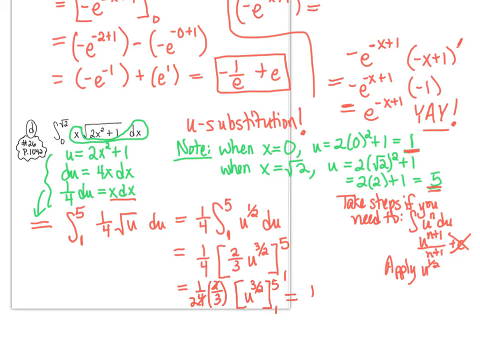We get 1/6 times 5 raised to the 3/2 minus 1 raised to the 3/2, which is just 1. And that's your final answer.